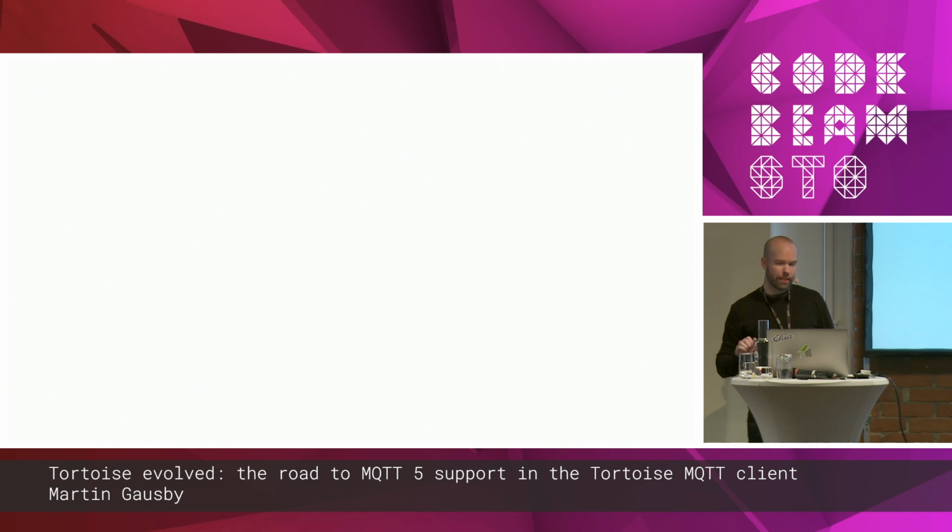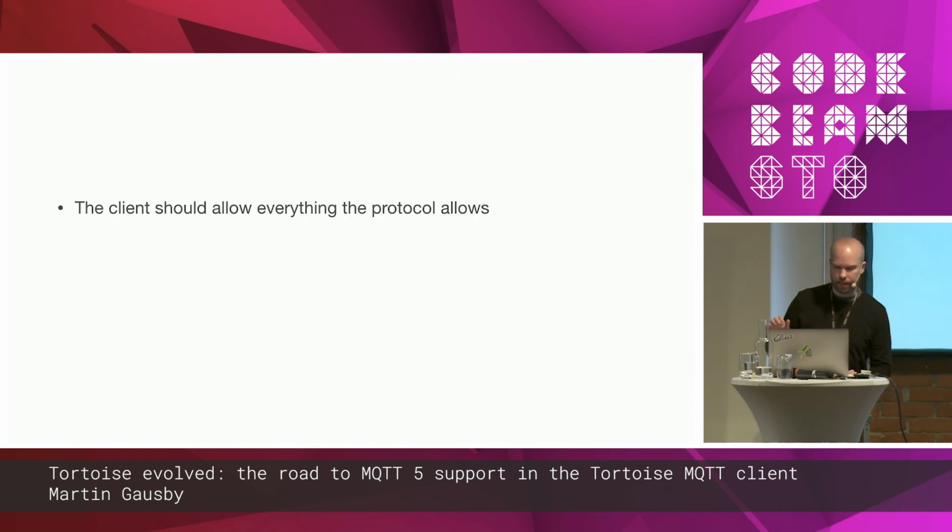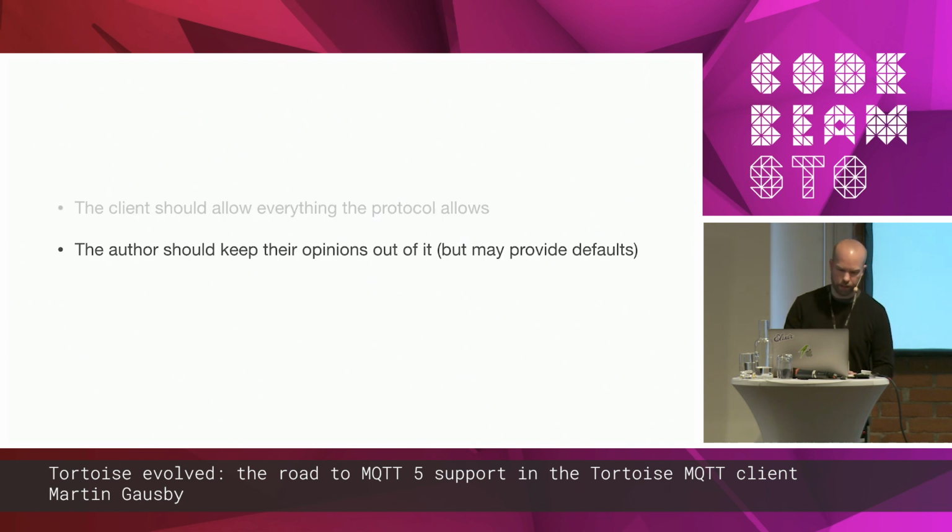So let's talk about what a client for a network protocol should do. And I think that a client should allow you to do everything that the spec allows you to do. Like we should basically implement it all. And me as an author, I should keep my opinions out of it.